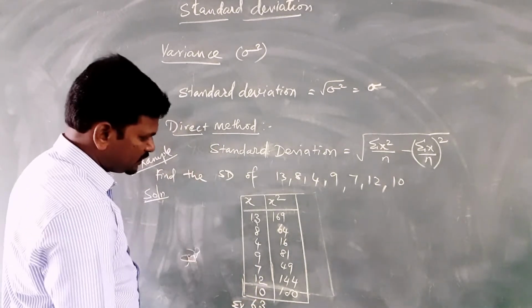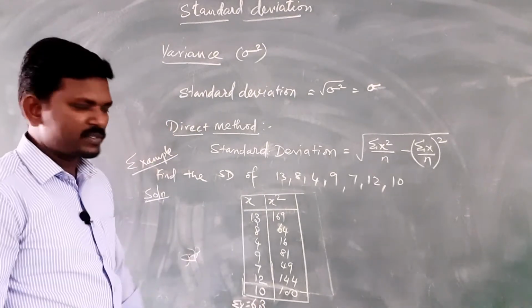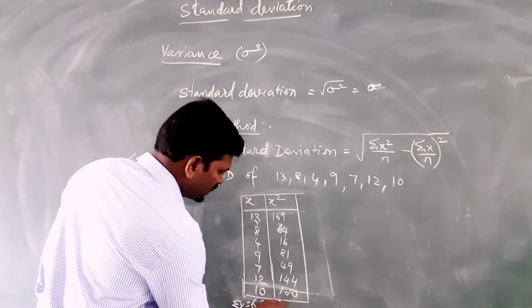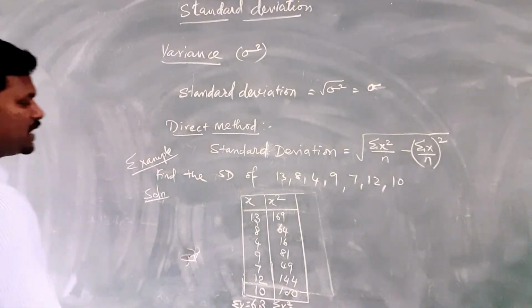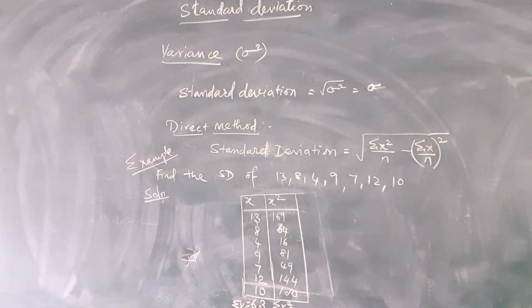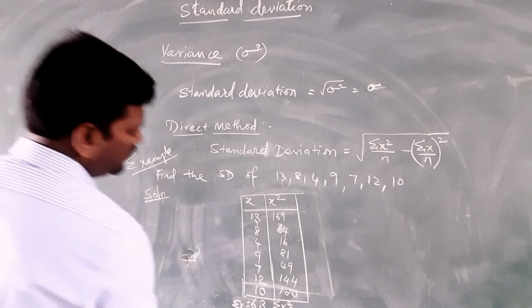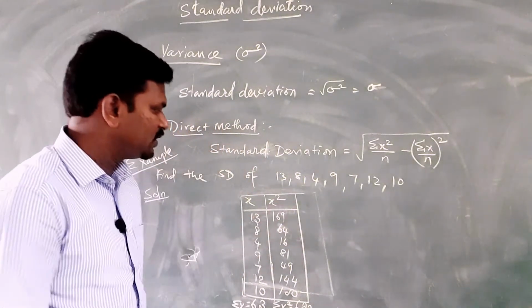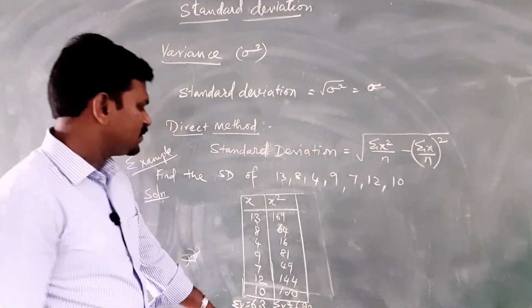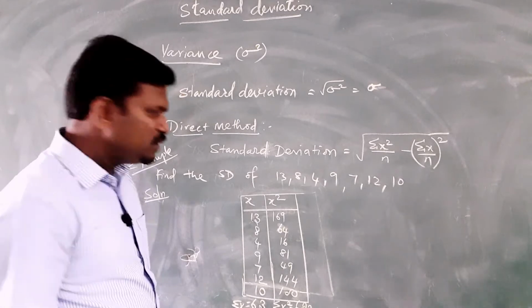So this is 63, the sum of x. Then the sum of x square. If we add all these numbers, we will get 623. Okay. So now we have to use the formula.